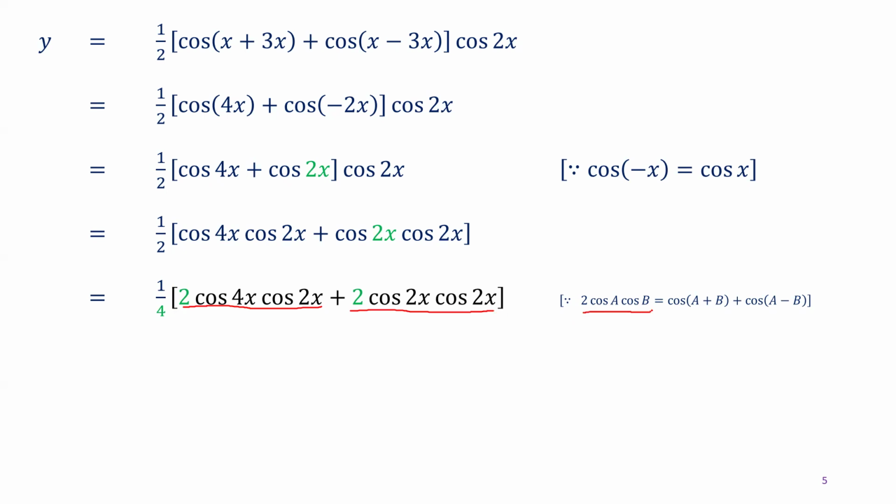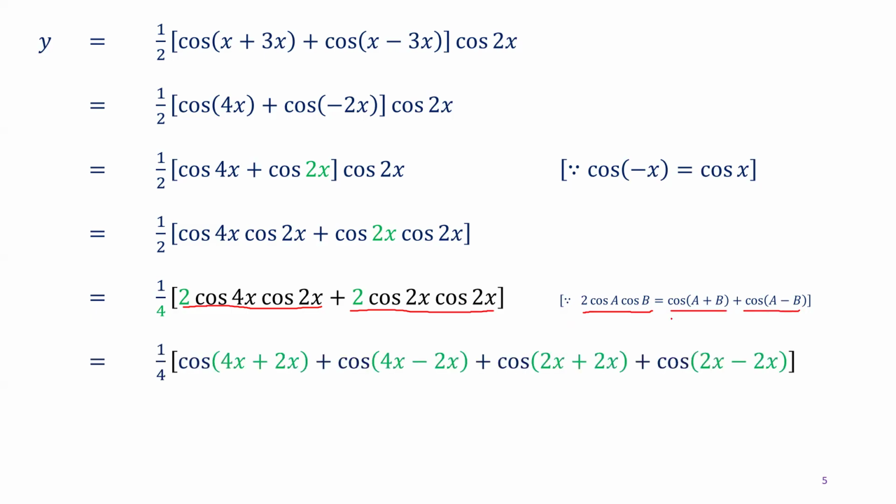Since 2 cos A cos B is equal to cos(A + B) plus cos(A - B), if we apply that formula, it will become cos(4x + 2x) plus cos(4x - 2x), and in the second part, cos(2x + 2x) and cos(2x - 2x).